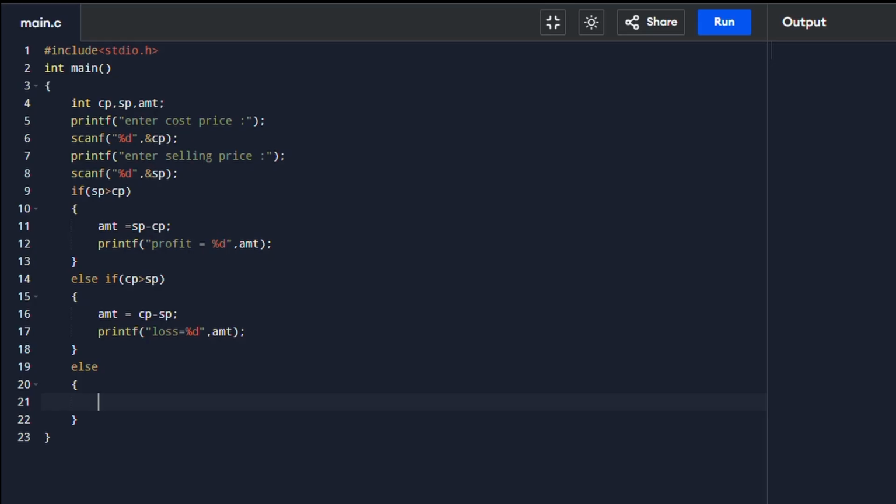After that, the computer goes to display the result. Printf no profit or loss. Return 0, which is stopping the program.